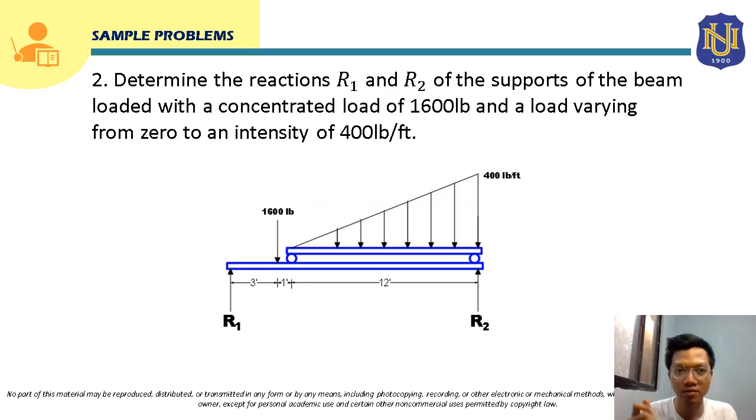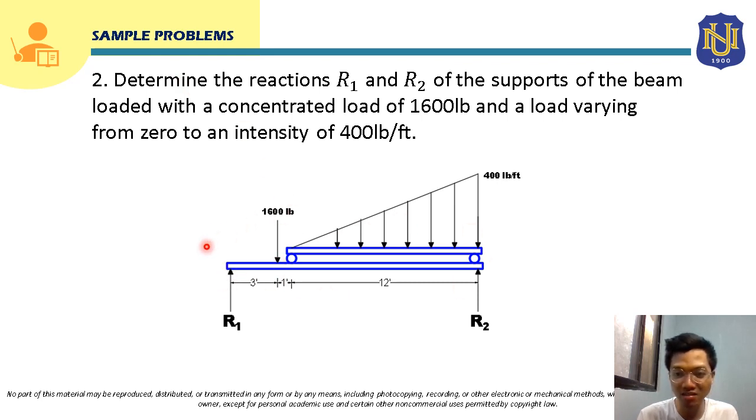Okay, so for number 2, determine the reactions R1 and R2 of the supports of the beam loaded with a concentrated load of 1,600 pounds and a load varying from 0 to an intensity of 400 pounds per feet. For this problem, the free body diagram is already given.